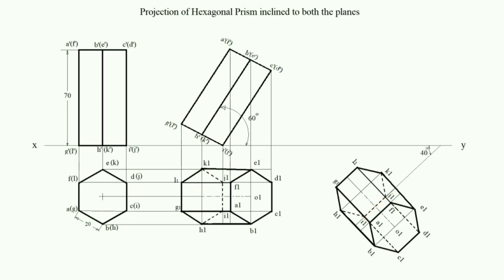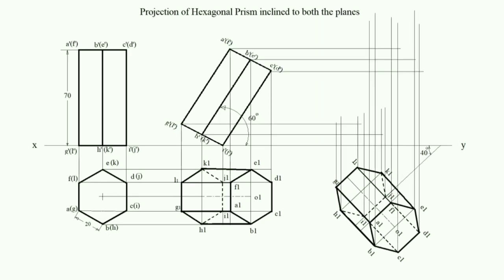Then draw projector lines from all the corner points towards the top, and from the previous front view draw the projector lines like this. Now how will you find the intersection points? For example, in the previous front view we have J, J dash, J1 dash and L dash.